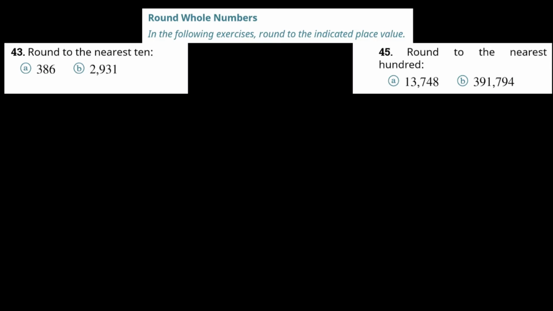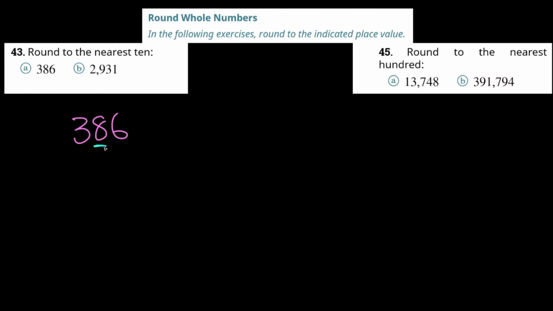For these problems, we are going to round to the nearest indicated place value. Rounding, we are either going to round up or round down, and it's used for approximation when you don't need an exact number. So for 43, round to the nearest 10. We have 386, and we want to round to the nearest 10.